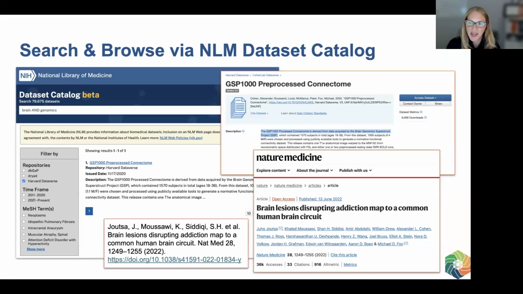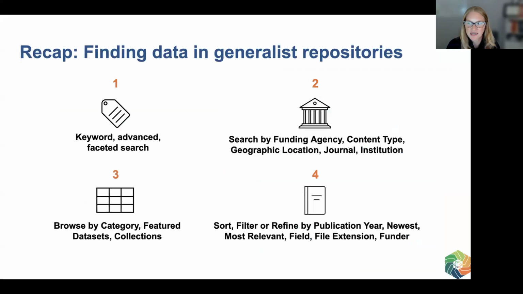So I will recap here with finding data in Generalist repositories. These Generalist repositories, we want to be leveraging that standard metadata requirements and structures to facilitate our data discovery and reuse.